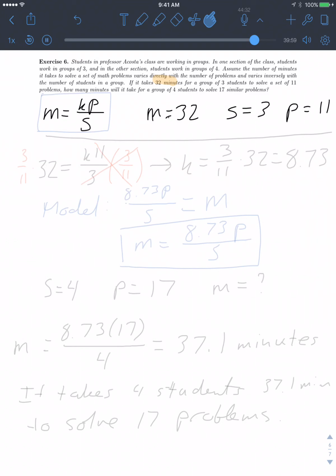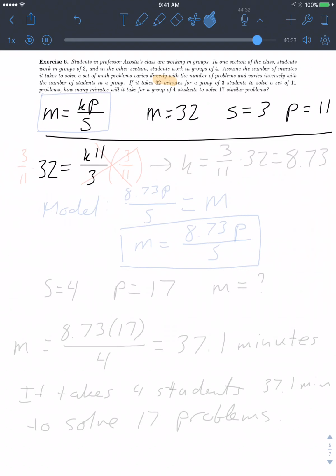Alright, what that gets us, if we combine all 4 of those known factors, is 32 is equal to k times p, which we know is 11 in this case, divided by s, which we know is 3. So that will get us an equation that only involves k, the constant of variation.